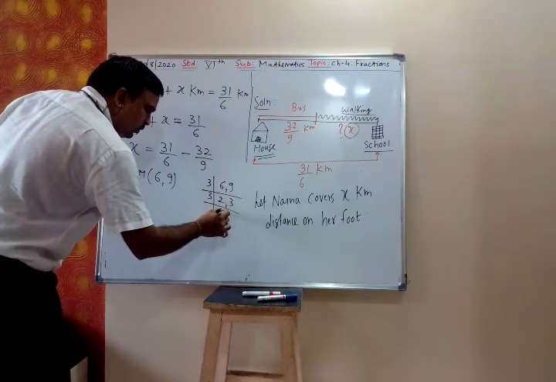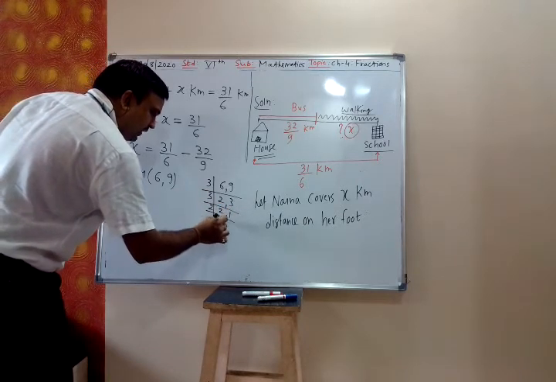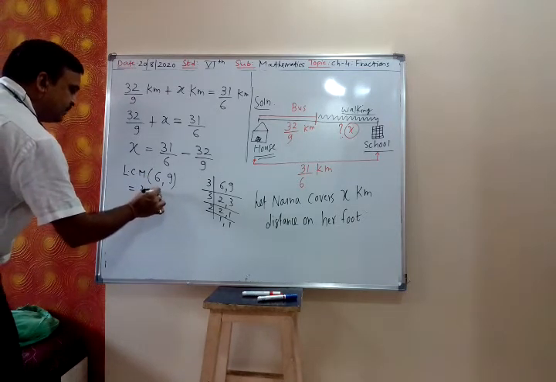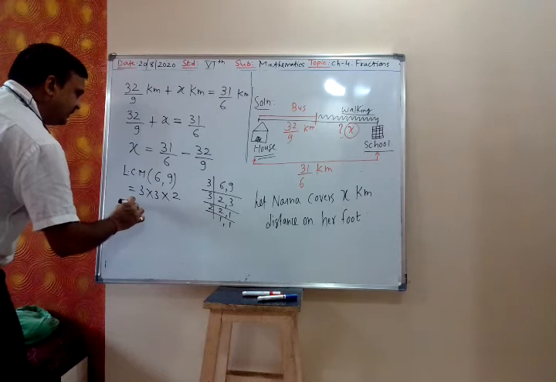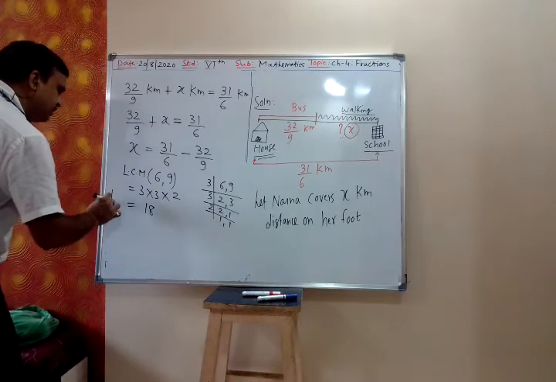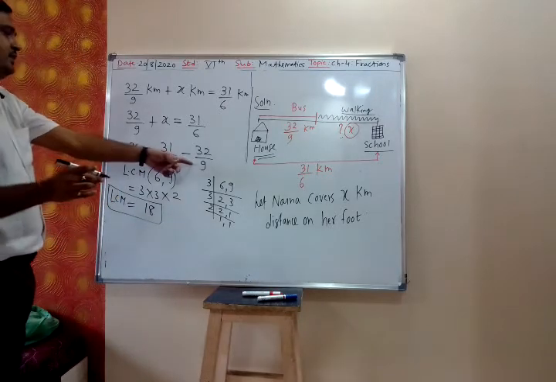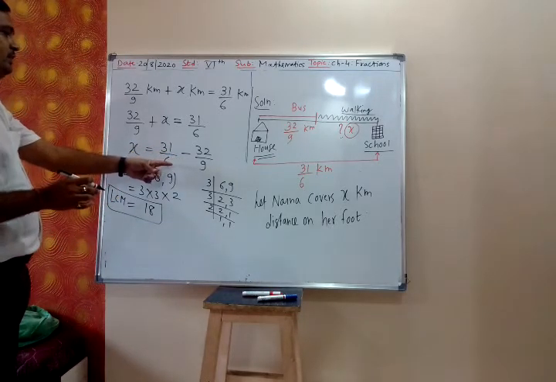Then 3, 2, 1, 2, 1, 1. So LCM is 3 into 3 into 2, that is 18. LCM of 6 and 9 is 18. To find x, I will subtract this much distance from the bigger distance. Now I will convert them into like fractions, so I have to make the denominator of each 18.